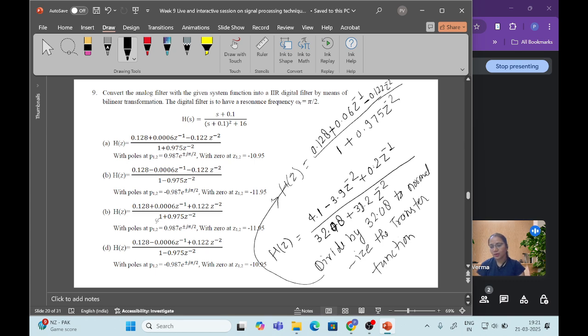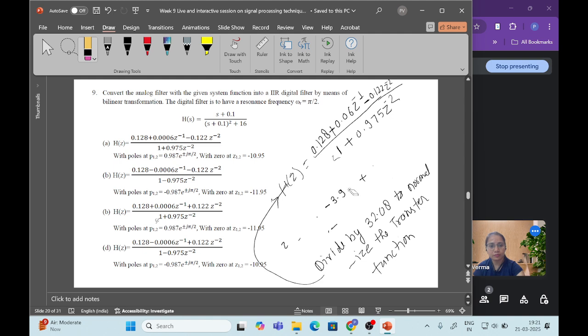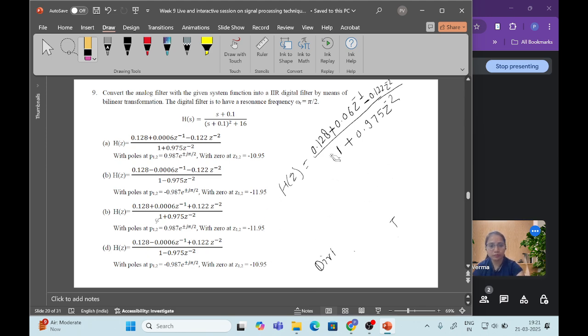So already we know that these are the poles and zeros. Just put poles equal to 0 and zeros equal to 0, then you will get the poles and zeros. So for poles, 1 plus 0.975 z to the power minus 2 is equal to 0.